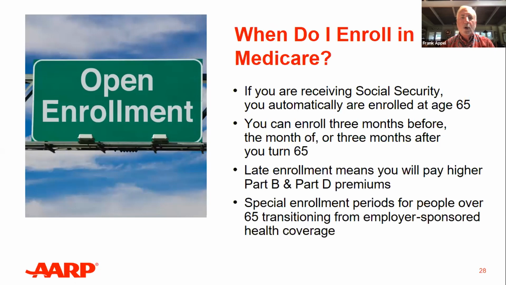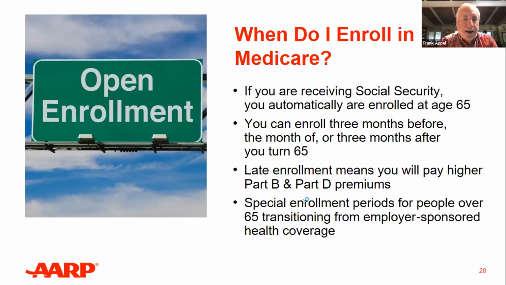So when do you enroll in Medicare and how? If you're receiving Social Security at the time you turn 65, you're automatically enrolled in Medicare at age 65. However, if you're not already receiving Social Security, you have a window of 7 months in which you can enroll. You can enroll 3 months before, during the month of, or 3 months after you turn 65.